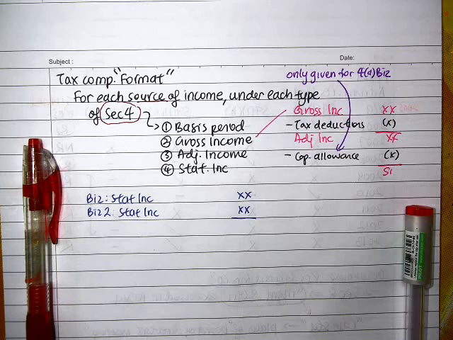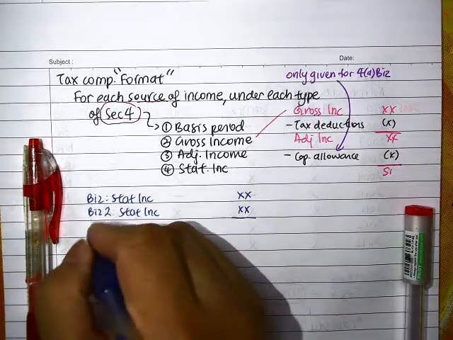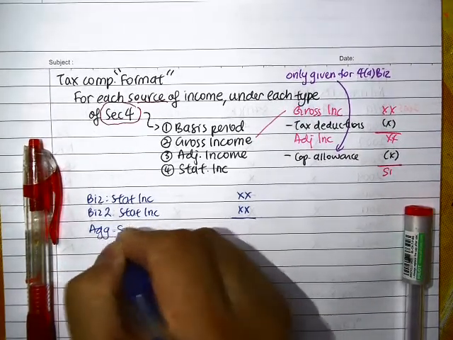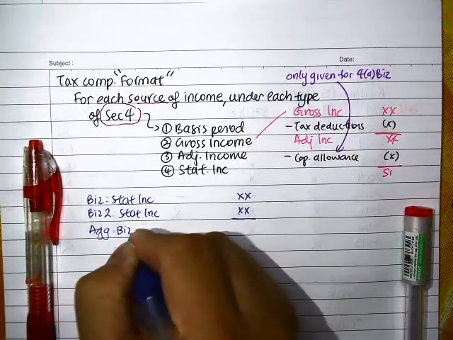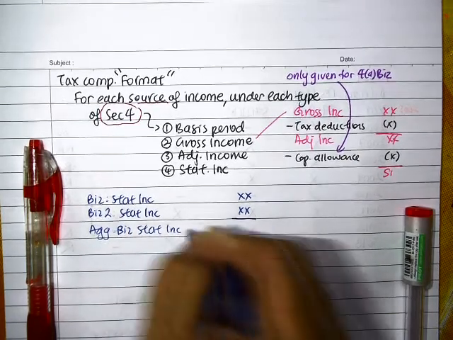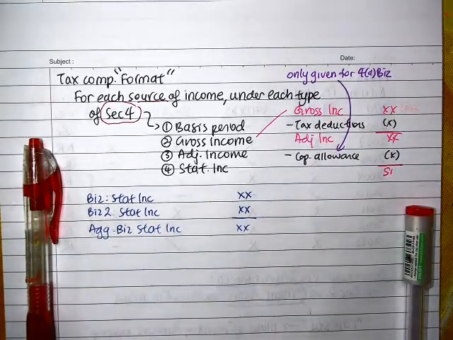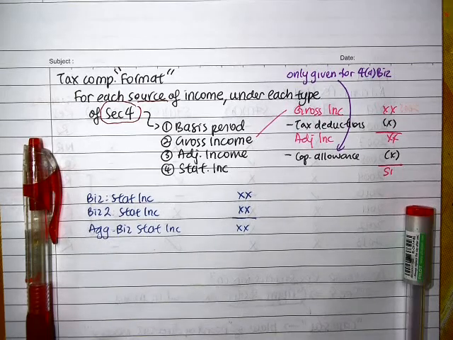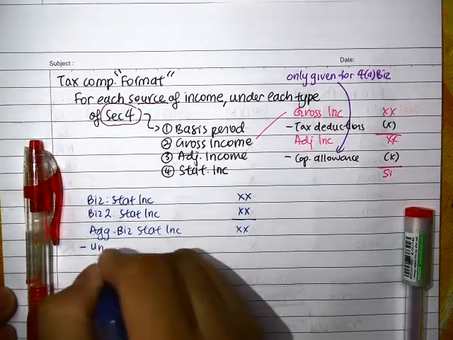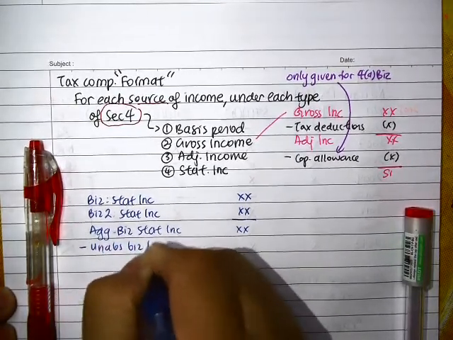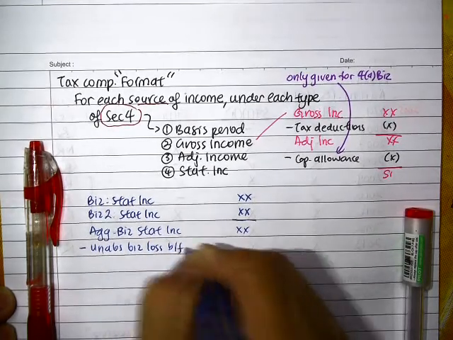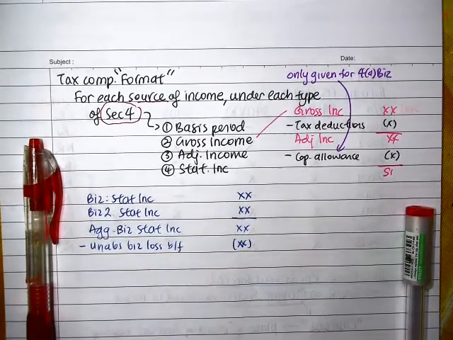Why? Because this is where you make use of the unabsorbed business loss. So we group all the business income together and call it the aggregate business statutory income. From this, you minus any unabsorbed business loss brought forward.